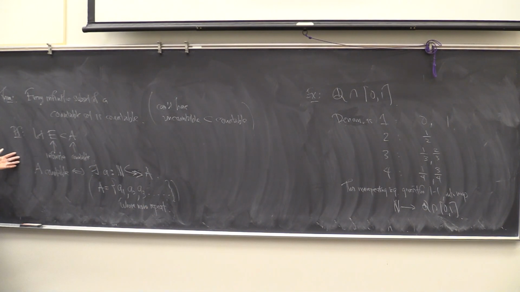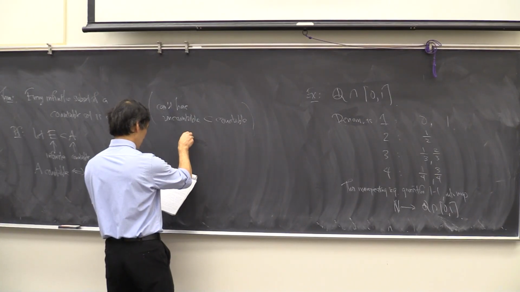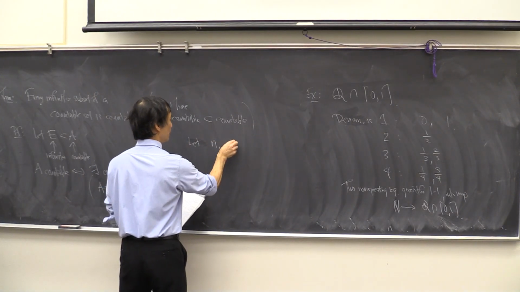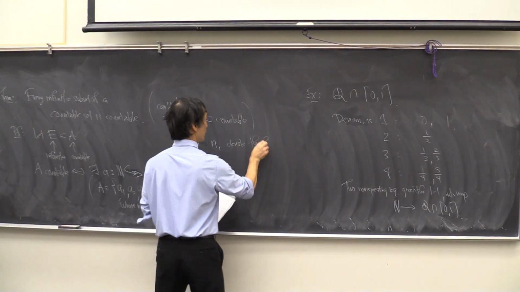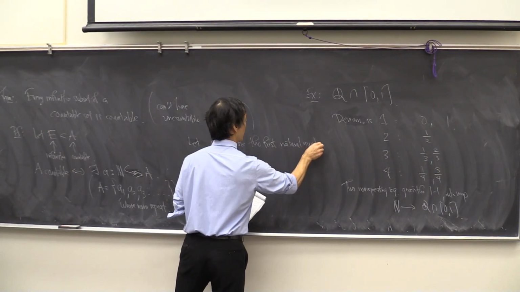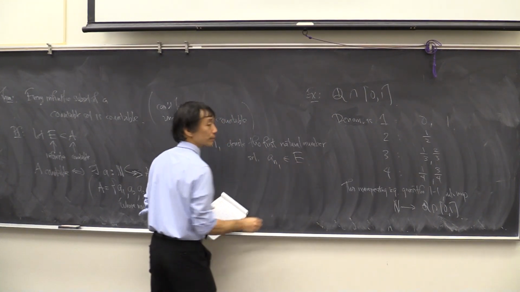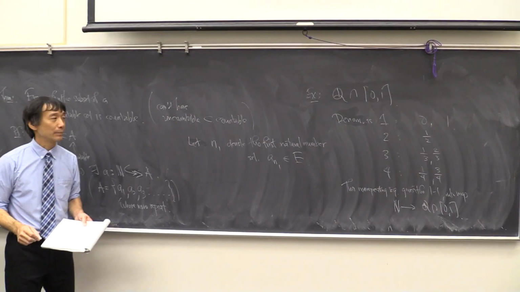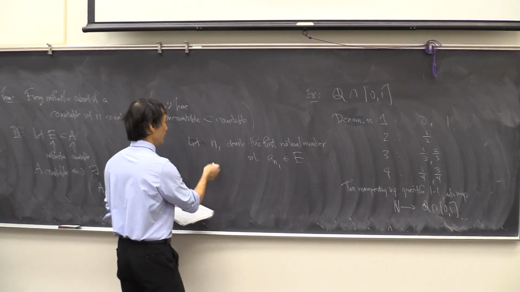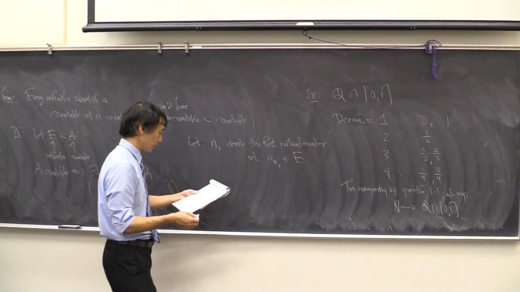Now, we want to create a sequence that will cover E. So, as you might expect, let n sub 1 denote the first natural number such that a sub n1 is in E. And then let n sub 2 denote the next natural number such that a sub n2 is in E, and so on and so forth.